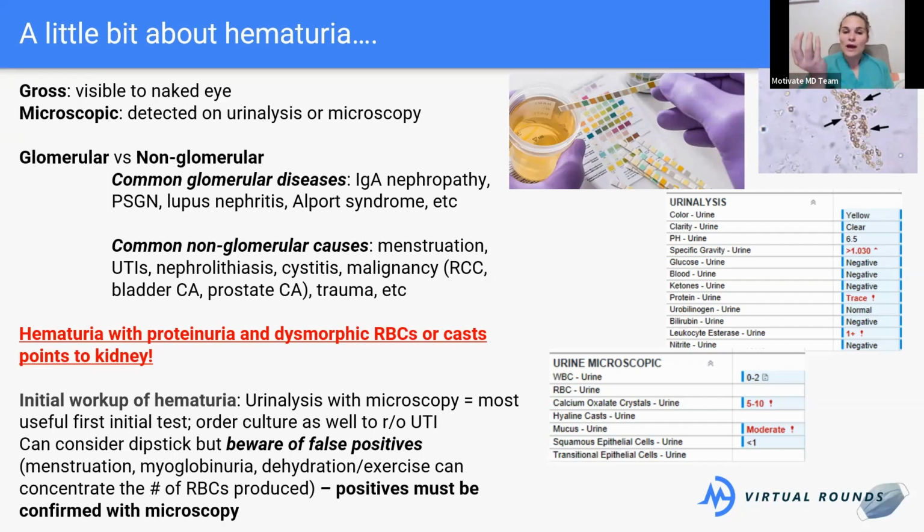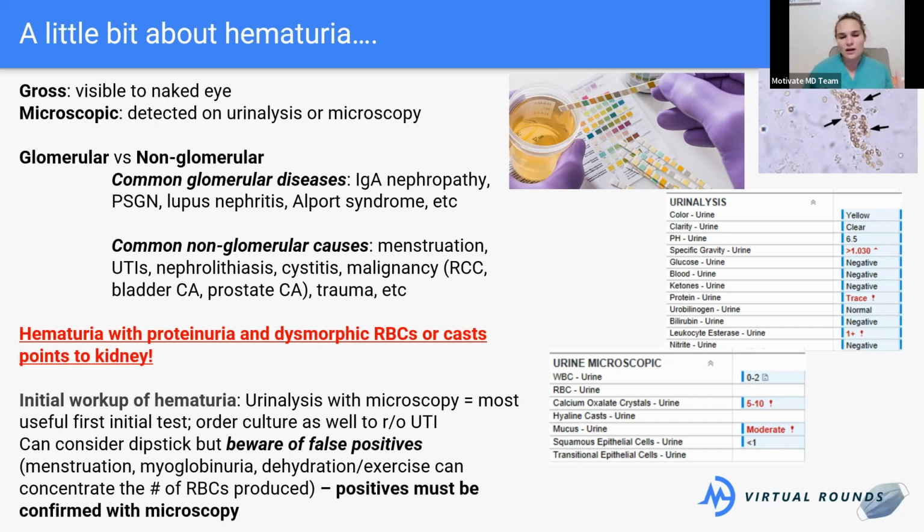That's because when there's a problem with the glomerulus and red blood cells are getting leaked into the urine, when they're traveling down from the kidney through the ureters, they form these little casts, right? They look weird and they look dysmorphic. And so when they spill out into the urine and you look at it under the microscope, you can see those dysmorphic cells and those weird shapes. And so that points you to the kidney probably being an issue.